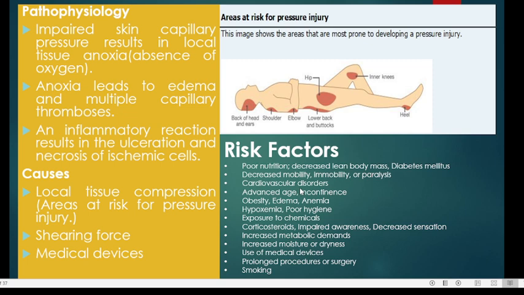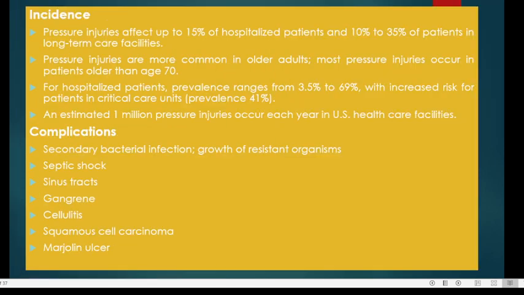Patients with cardiac disorders, advanced age, incontinence, obesity, edema, anemia, hypoxemia, poor hygiene, exposure to chemicals, use of corticosteroids, impaired awareness, decreased sensation, increased metabolic demands, increased moisture or dryness, use of medical devices, prolonged procedures, and smoking. All of them have been associated with pressure injuries.